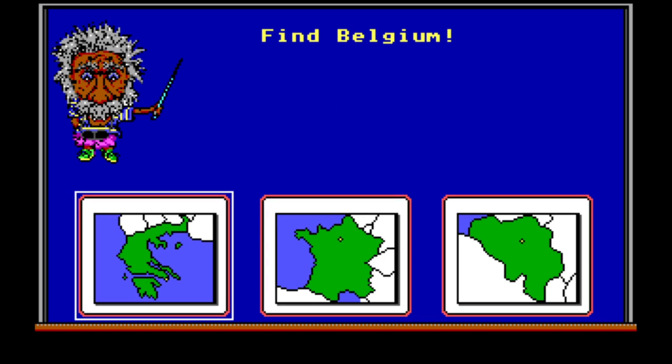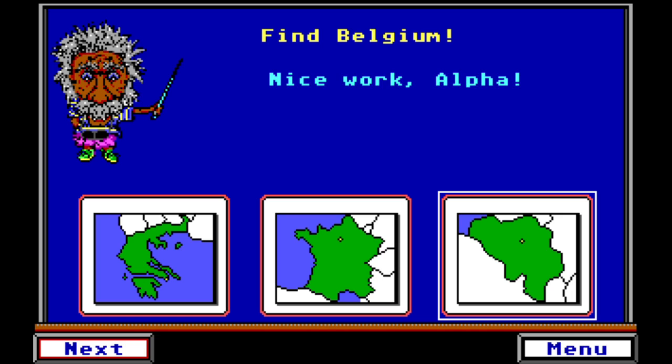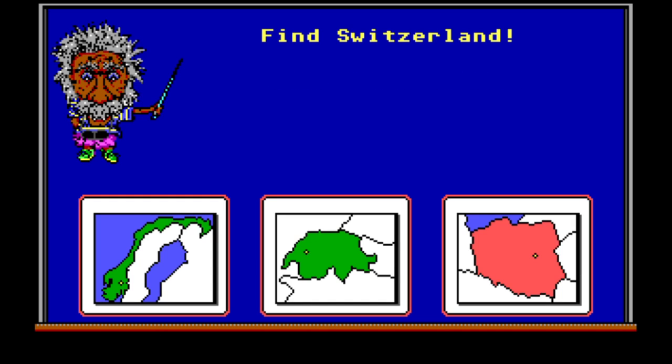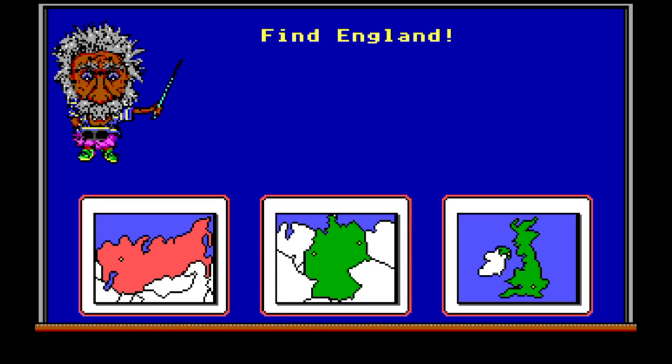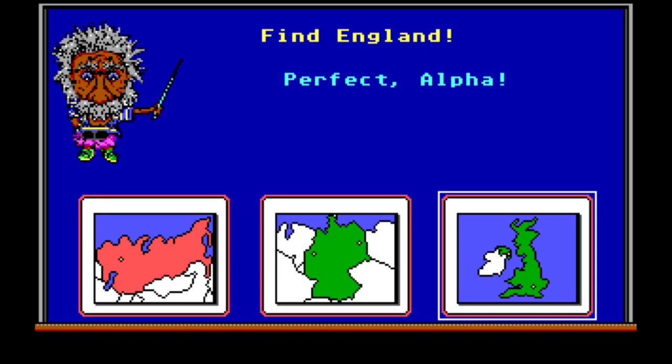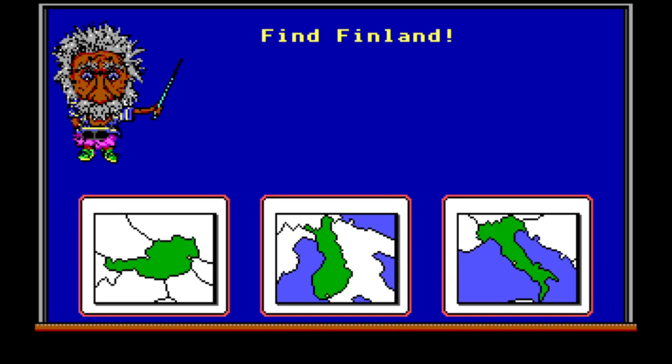Belgium, I believe, is mostly landlocked. Switzerland is entirely landlocked. England is an island. Finland is landlocked?